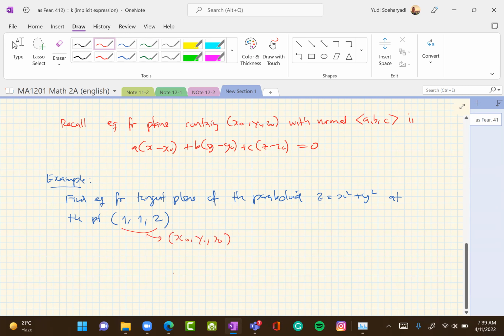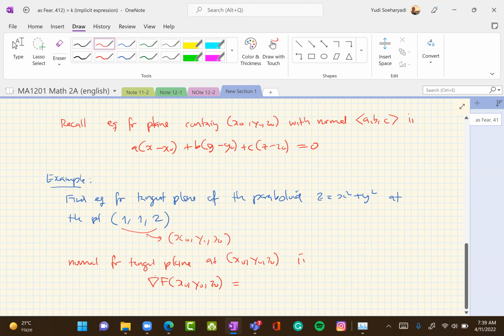First we need to find the normal for the tangent plane at that point.